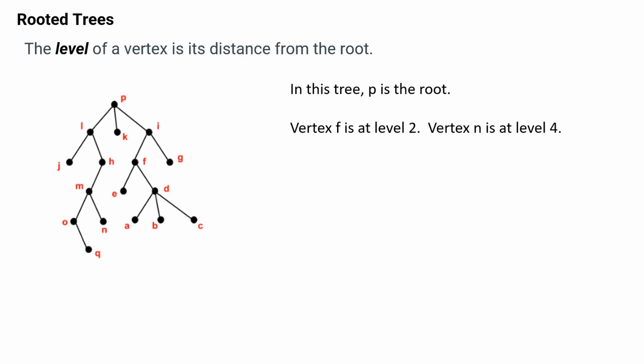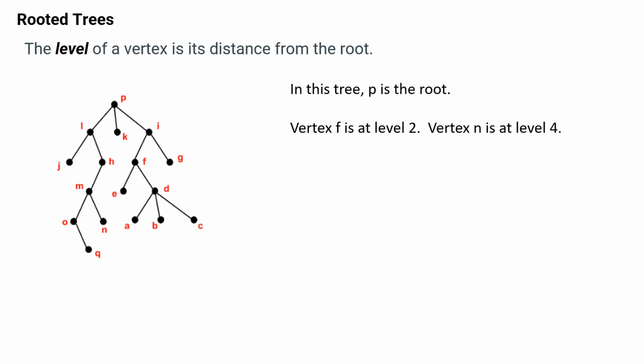So let's look at F. F here is one of the vertices in the tree, and if we want to find out what the level of F is, we would ask, what is the distance from the root? It looks like we would have to go along two edges to start at the root and get to F. So we would say that the vertex F is at level 2.